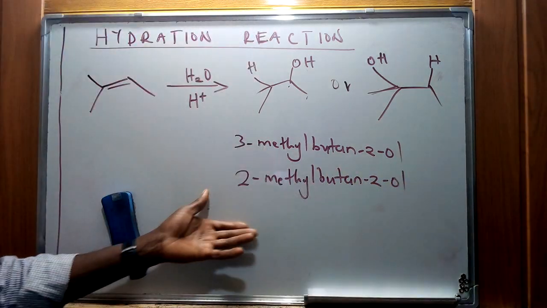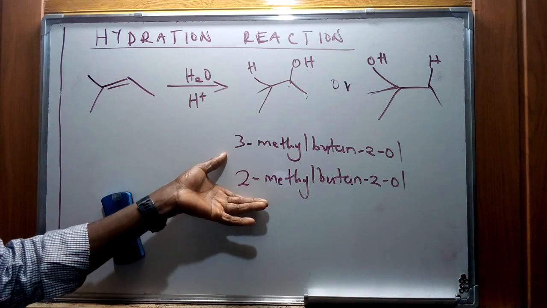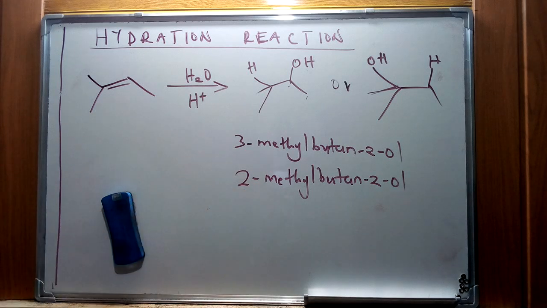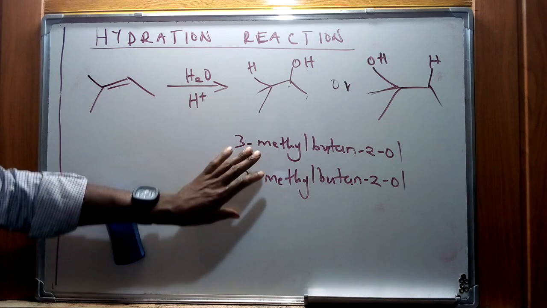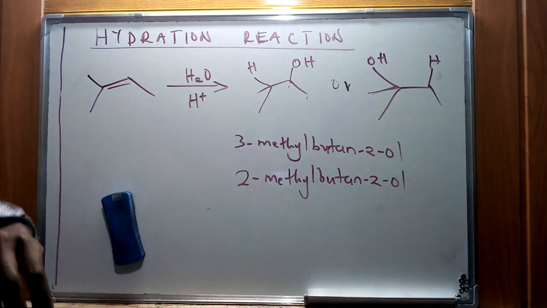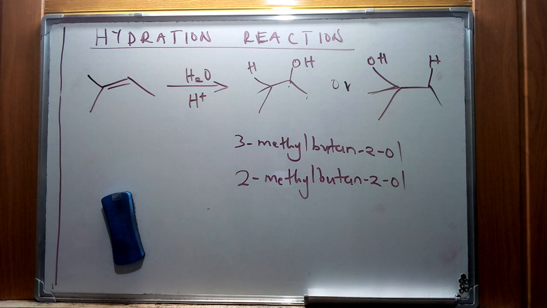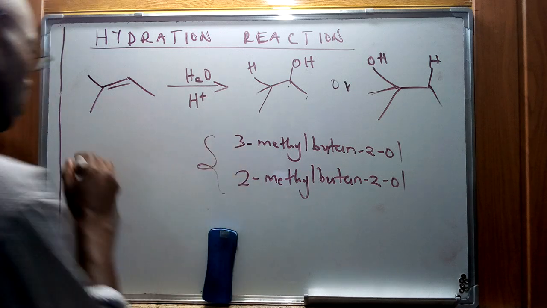So the formation of these two products is not going to occur in a similar degree. Therefore it's pertinent for us to consider which one is going to be the major product and the minor product. Now that is where the aspect of Markovnikov's rule applies.